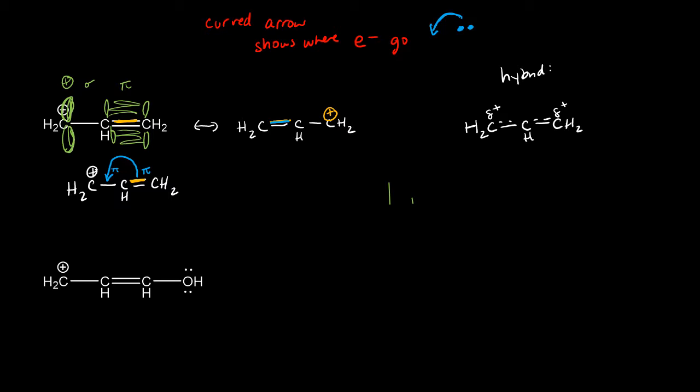Okay, here's another example. And this one is getting a little bit more complicated. So we have our plus sigma pi, but then we also added a second part. So sigma lone pair.